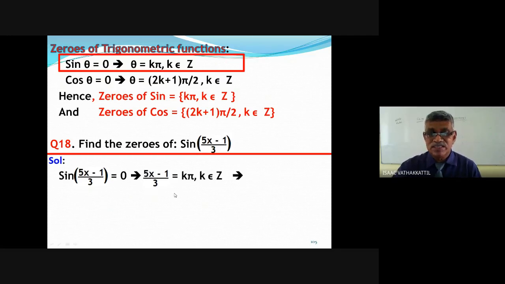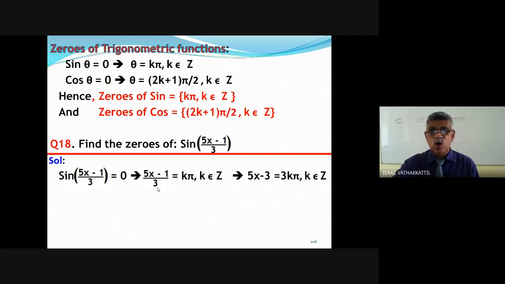I am looking for the value of x, the variable x. 5x - 1 equal to 3k pi, or 5x equal to 3k pi plus 3, or x equal to (3k pi plus 3) upon 5, k belongs to Z. Okay? Is it okay?